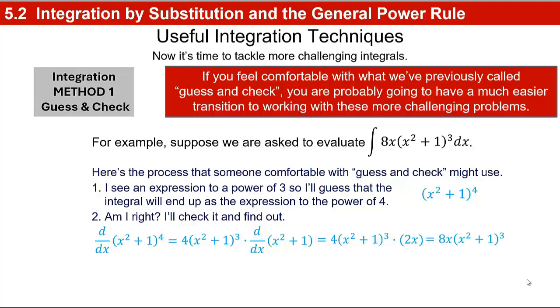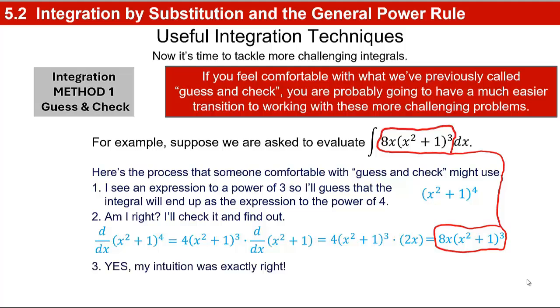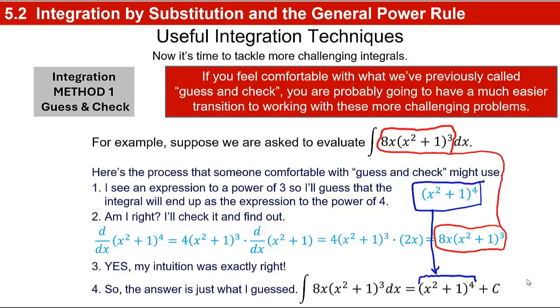So I'm trying to check to see if my guess is right. Well, what do I mean that guess is right? That means it matches the original integrand. And if you look back to the original integrand, does it match exactly? Yes. So my intuition or my educated guess was exactly right. That means the correct answer is what I guessed, which is the quantity x squared plus 1 raised to the fourth power.